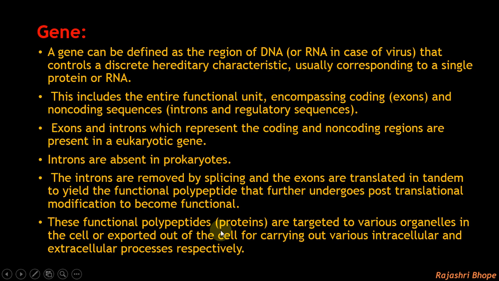These functional polypeptides are targeted to various organelles in the cell and exported to the compartment where they are required. If it is required in mitochondria it is transported there, if it is required in chloroplast it is transported there, and if it is required in the plasma membrane for functioning as a transport protein, that protein is transported to the part where it functions.